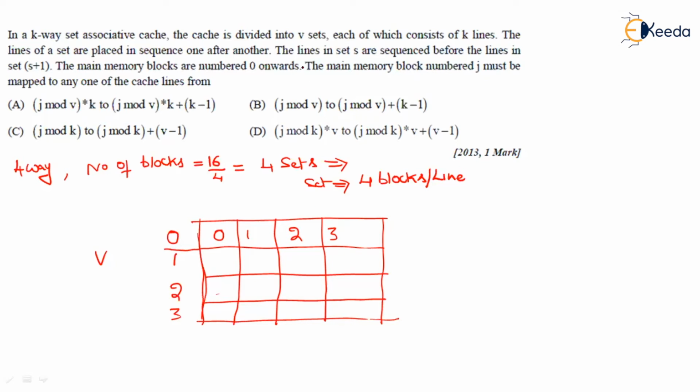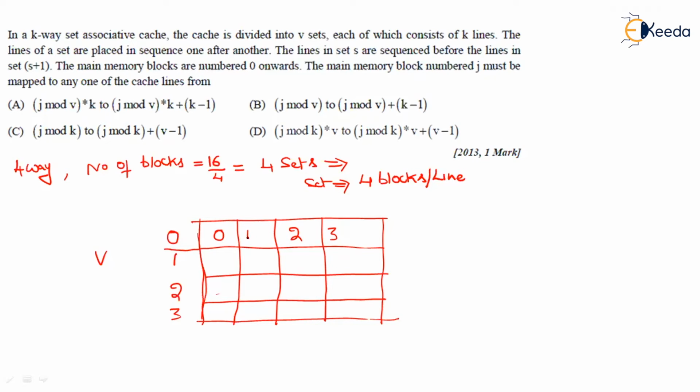Let us have a look. The lines in the set S are sequenced before the lines in set S plus 1. Let us say this is S plus 1 and this is S. It is given clearly that the lines in set S should be sequenced before the lines in set S plus 1, meaning there has to be a chronological order.